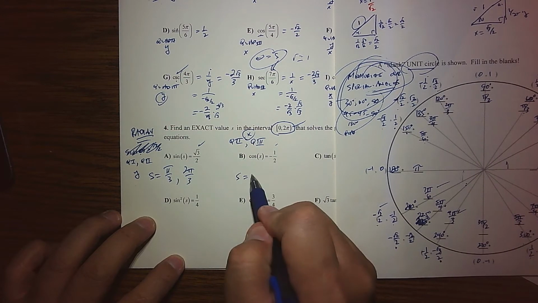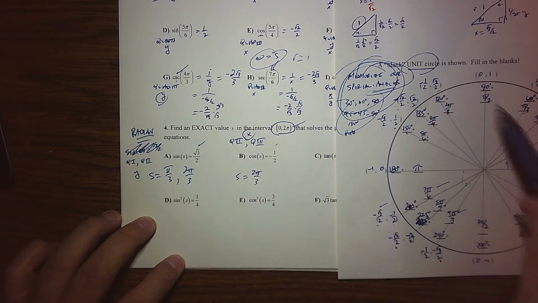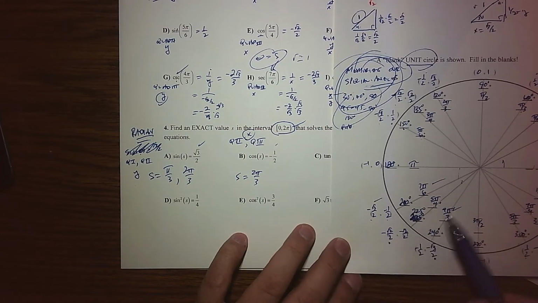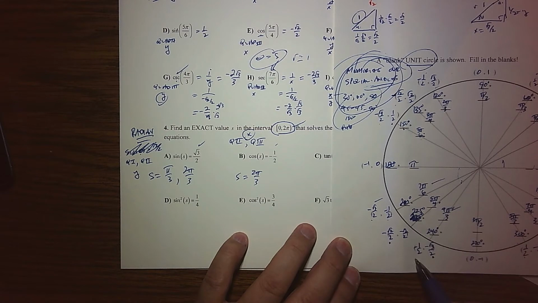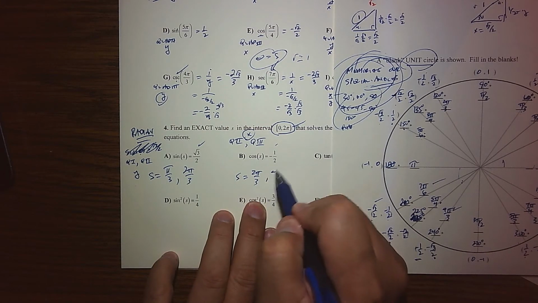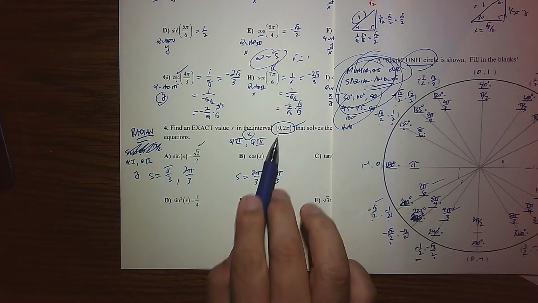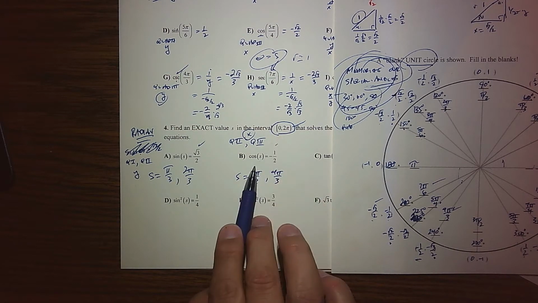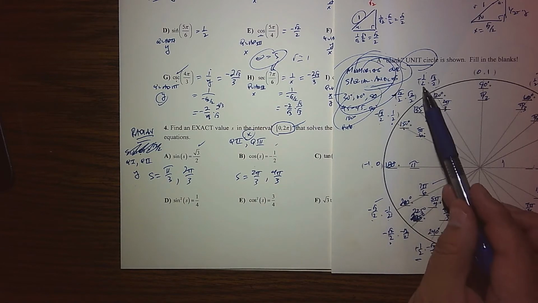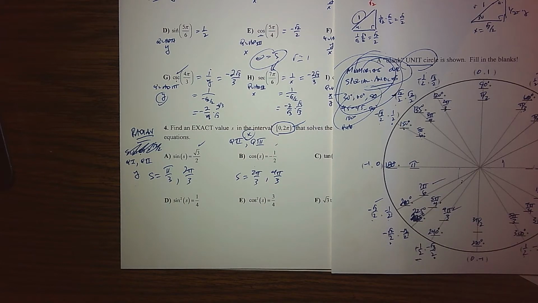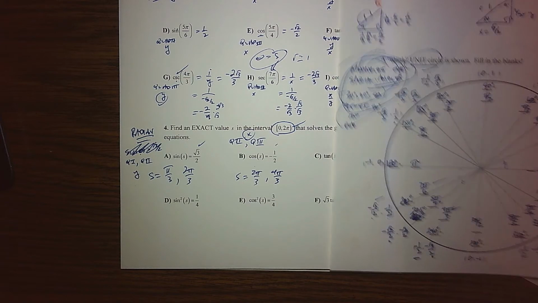So S is equal to 2 pi over 3. But if we look into quad 3, there's our negative a half for our x value, so that corresponds to 4 pi over 3. So those would be our two values within the first rotation that make cosine equal to negative a half. We could just see it by looking at the x coordinate in quad 2 and quad 3.